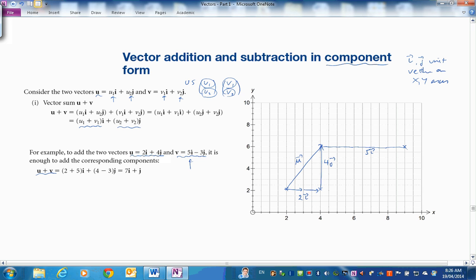The scale is 2, so we've got 1, 2, 3, so here negative 3j. Just another way of doing it. So overall, vector v on the end is coming to there. So that's v, 5i take 3j.